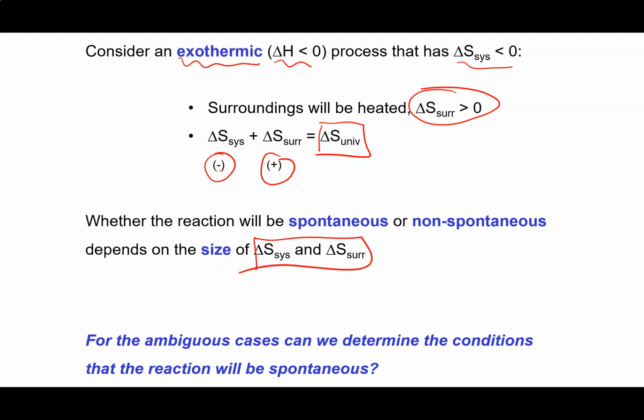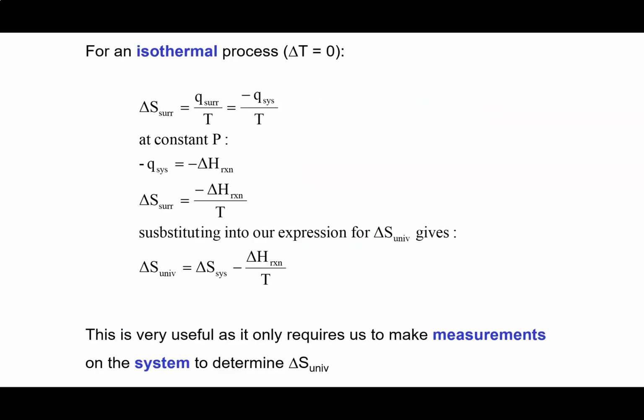So the question becomes, can we narrow down the conditions for those two ambiguous cases that allow us to say a little bit more about when these types of processes will or won't be spontaneous? We know that for an isothermal process, one where the temperature is not changing, the entropy change of the surroundings is just equal to the heat transferred to or from the surroundings divided by the temperature of the surroundings.